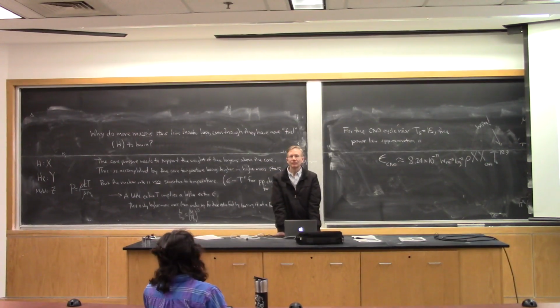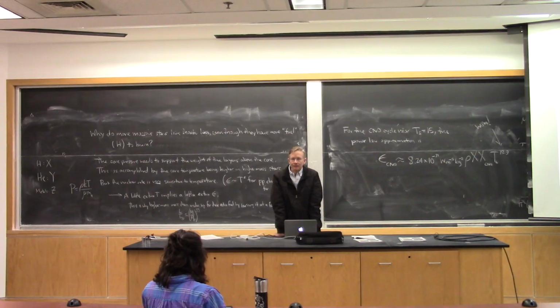Okay? So, think of increasing the mass along the main sequence. The Sun is powered by mostly the proton-proton chain. There's some CNO, but it's mostly the proton-proton chain. If you go to stars of higher mass, what happens to the core temperature? Higher temperature.